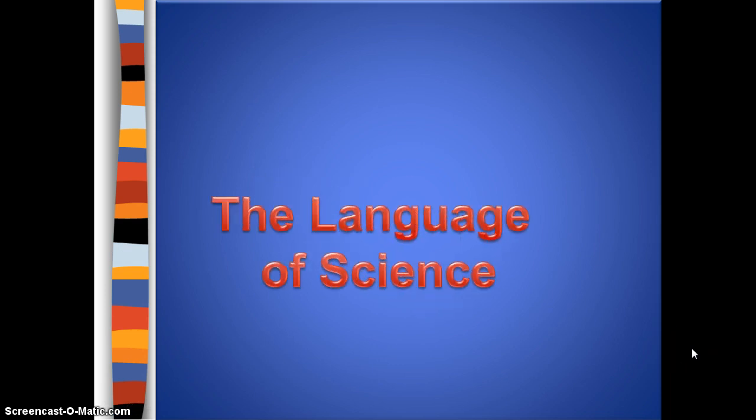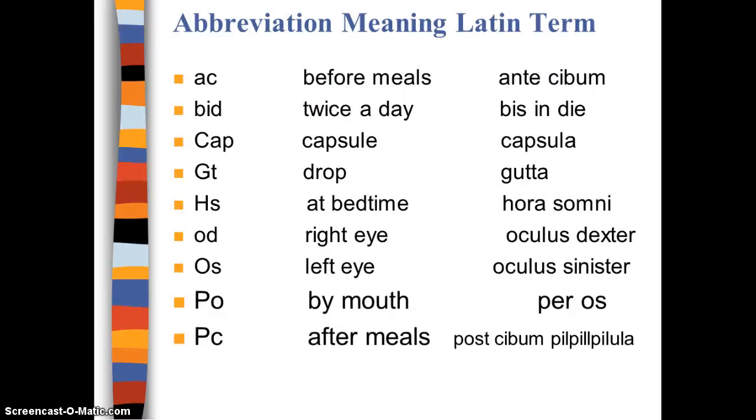Now, I just want to take a second and talk about the language of science. Medical terminology and the language of the science of medicine was developed originally with Greek and Latin. So a lot of the words, the terminology that we use, will be in this case Latin and root. You can see some of the abbreviations here: AC, before meals; cap for capsule, that's pretty straightforward.